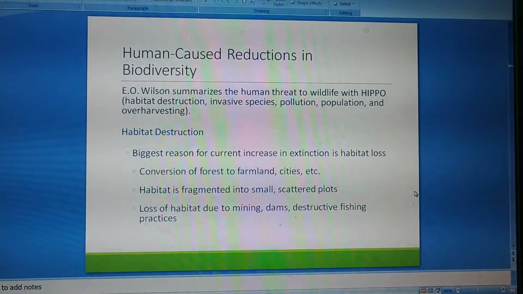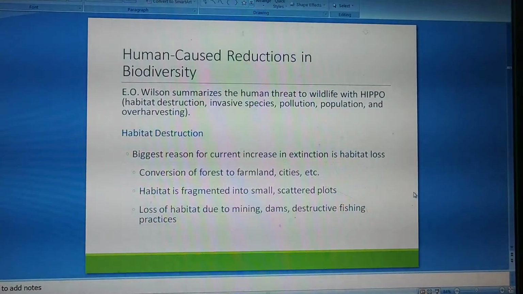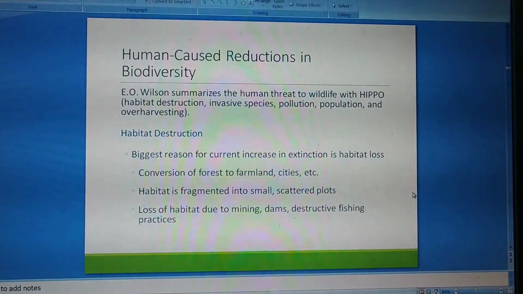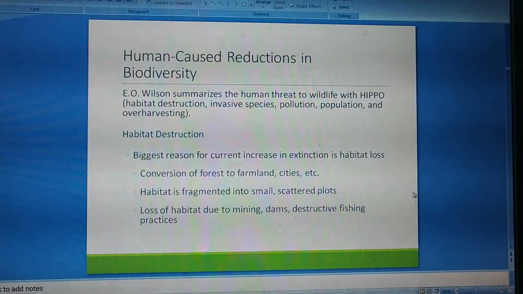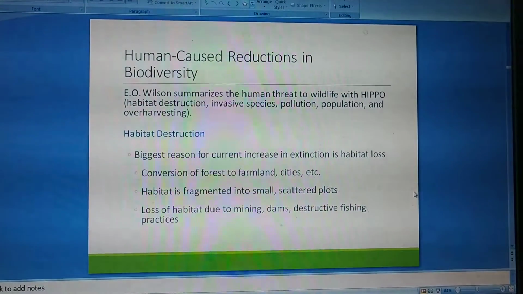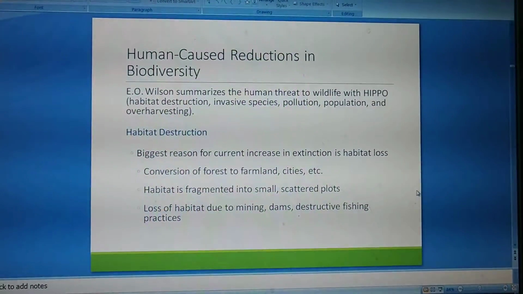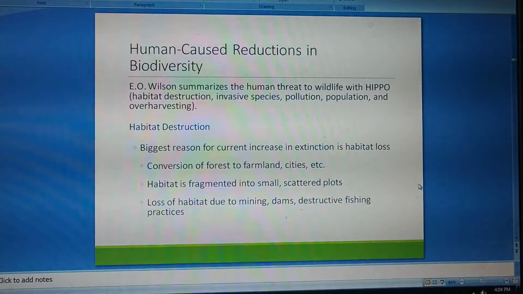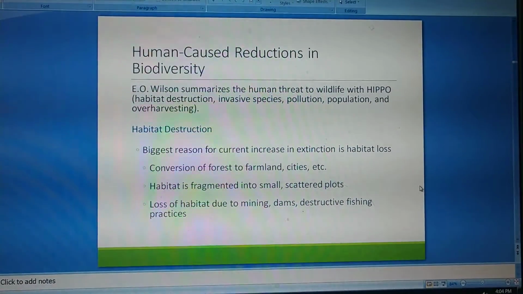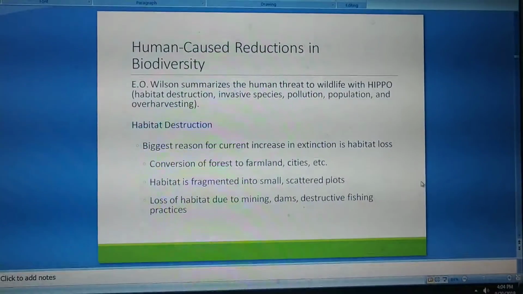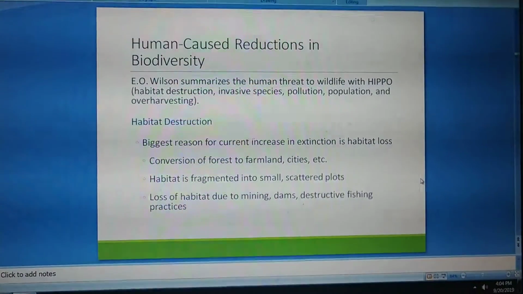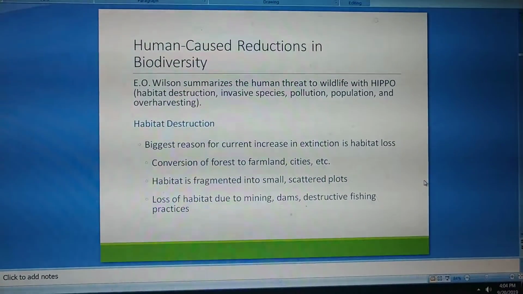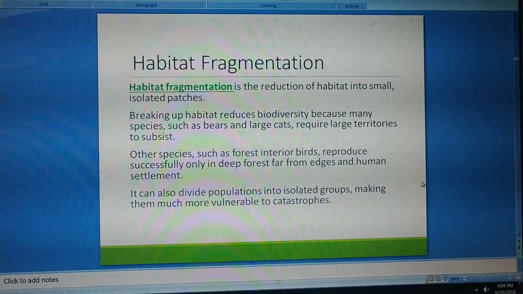We are converting forests to farmland to cities. When you look at habitat for wildlife, it's fragmented into small scattered plots. That's a lot of edge, not a lot of core habitat. We also have loss of habitat due to mining, to construction of dams, and we have very destructive fishing practices that destroy the ocean bottom and organisms that live there.